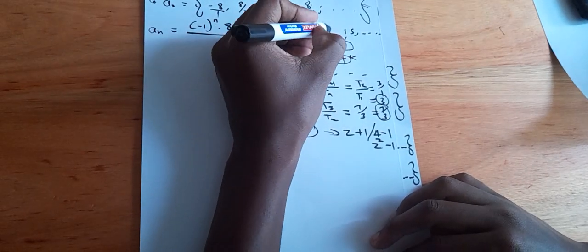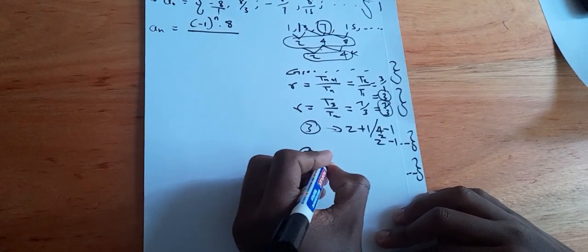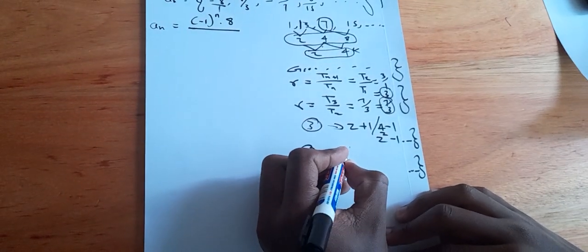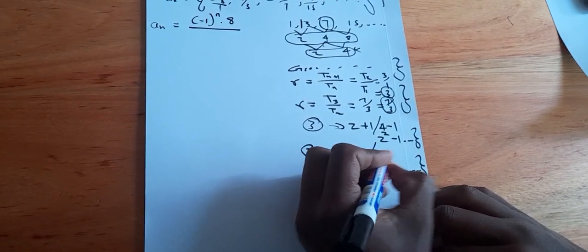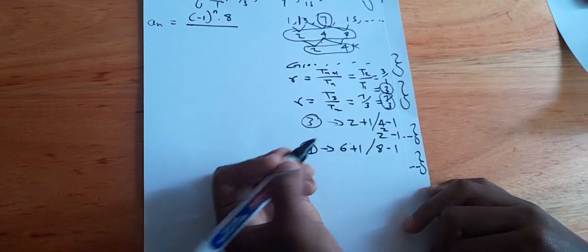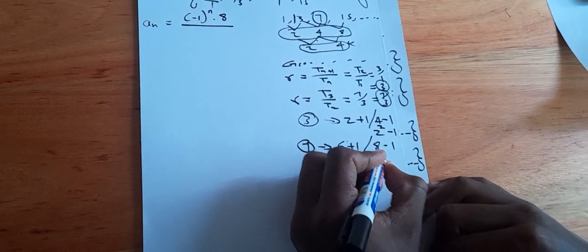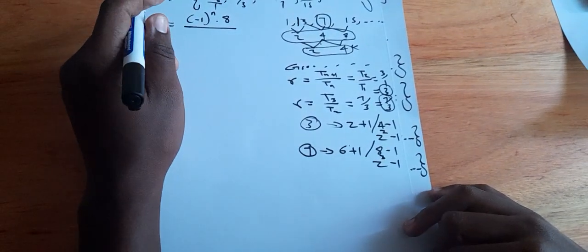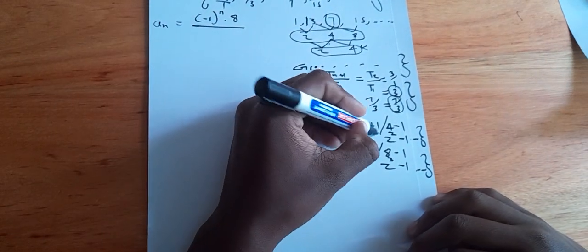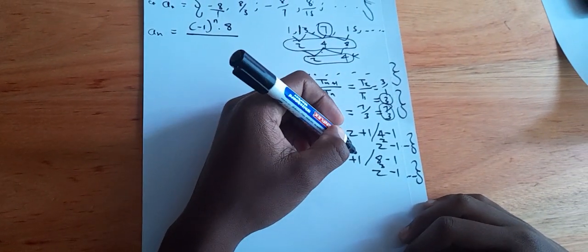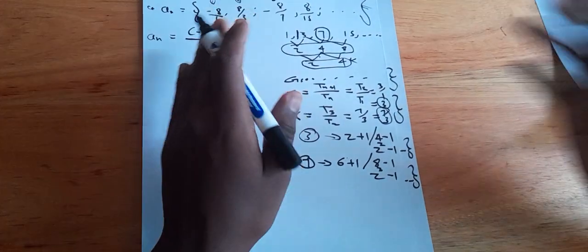We go to 7. 7 can be given by 6 plus 1, or 8 minus 1. And this 8 minus 1 can be 2 to the power 3 minus 1. When you compare 2 plus 1 and 6 plus 1, there's no relation between them.